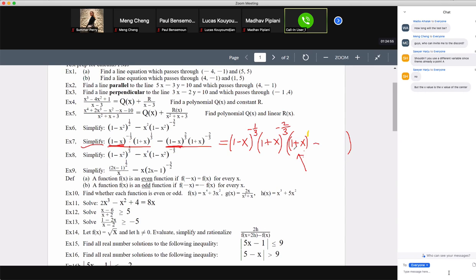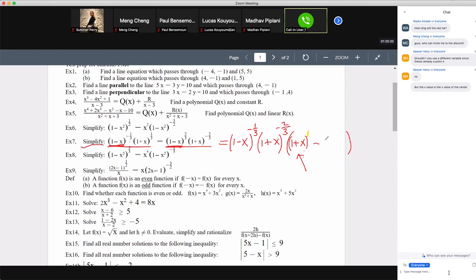Again, when you factor, you don't try to factor again. That's not what you do. For any kind of factoring problem, you always check by multiplying. That's the way to go. Now the second term, and we have a minus in the middle. Let's look at the factor with base 1 minus x. We have 1 minus x to negative 1/3, but here we have 1 minus x to 2/3.